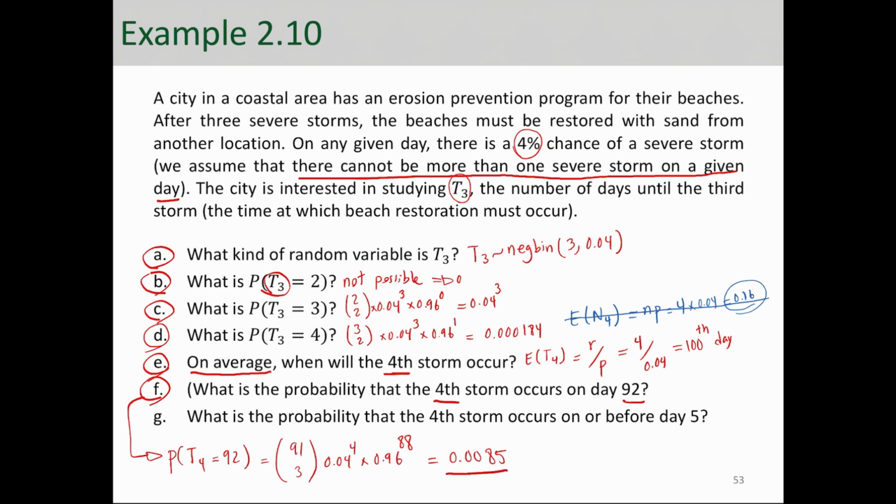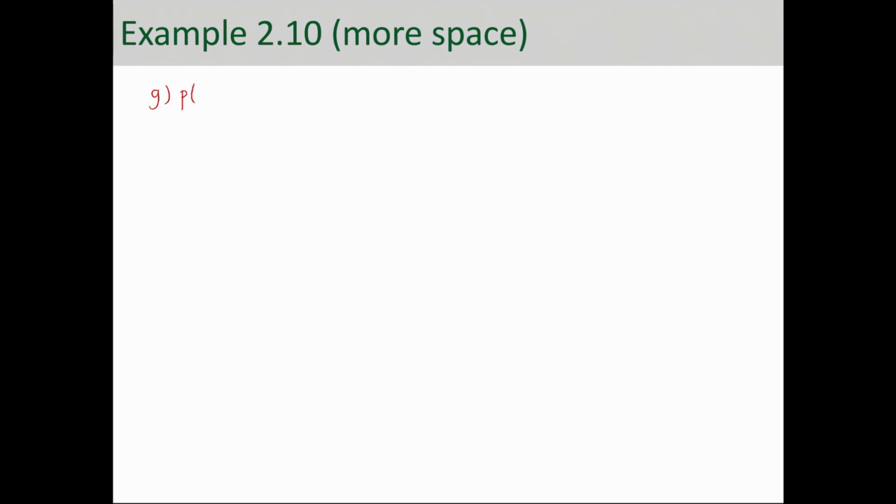It's very small. What is the probability that the fourth storm occur on or before day 5? Well, on or before day 5 means T4 being less than or equal to 5. So, probability of T4 less than or equal to 5. Well, we know that T4 cannot go below 4. Right? The range of T4 starts at 4.